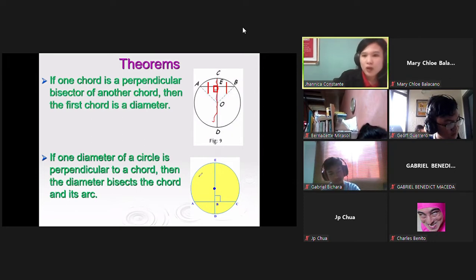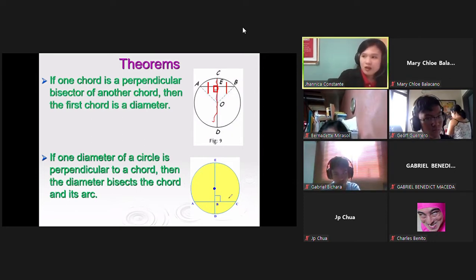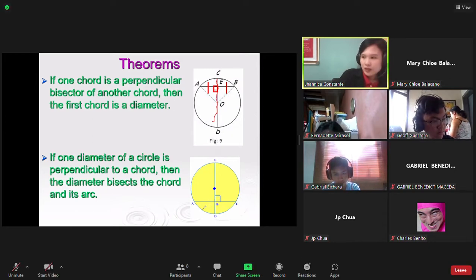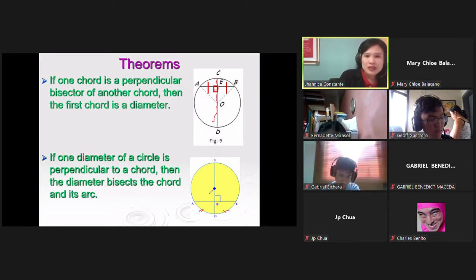If the one who bisects is the diameter and its arc, these two arcs that are being divided by the diameter are congruent. The same with this circle, wherein the diameter bisects the chord.